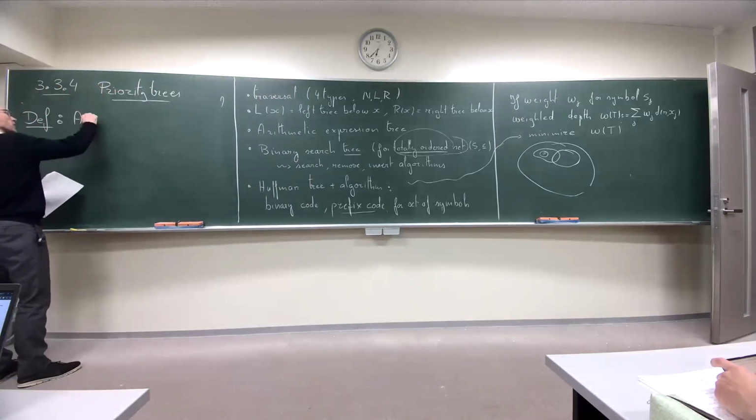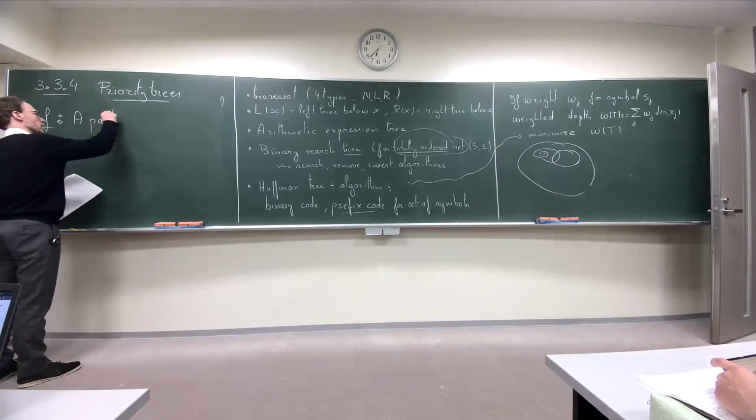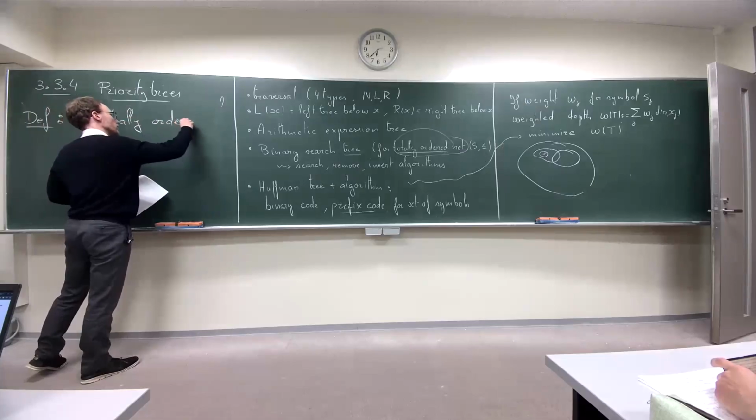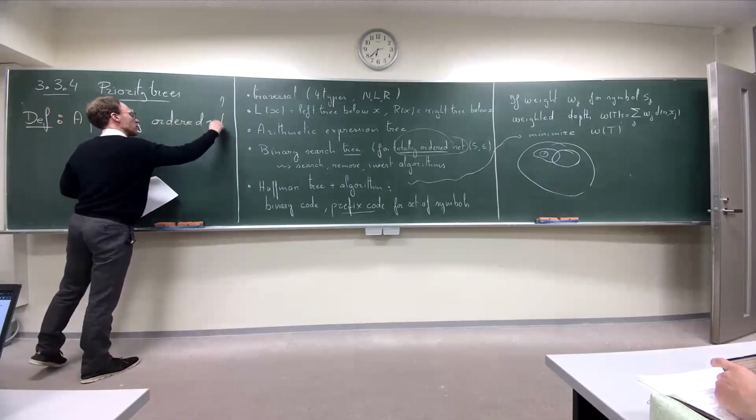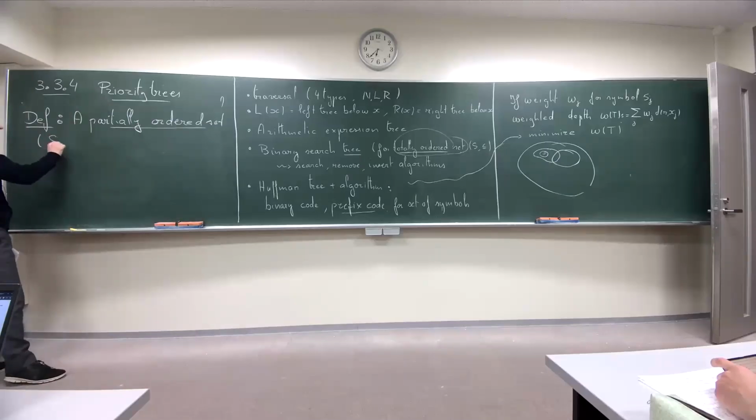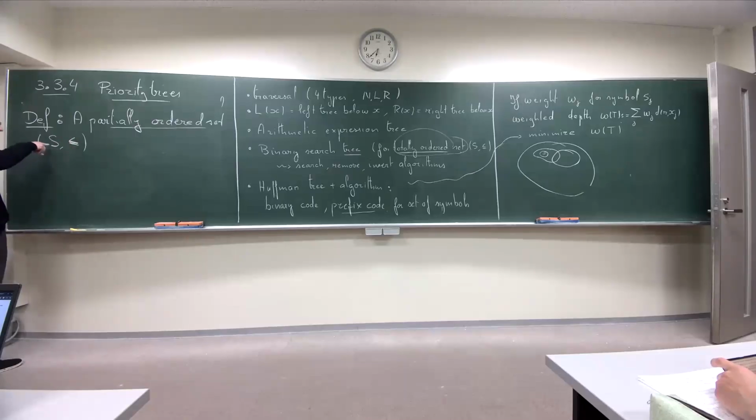So a partially ordered set. I'm going to use just the same notation, but this is just a notation. Be careful, it doesn't mean this is the sign you use for numbers. It's just a set and a certain relation that I'm going to define.